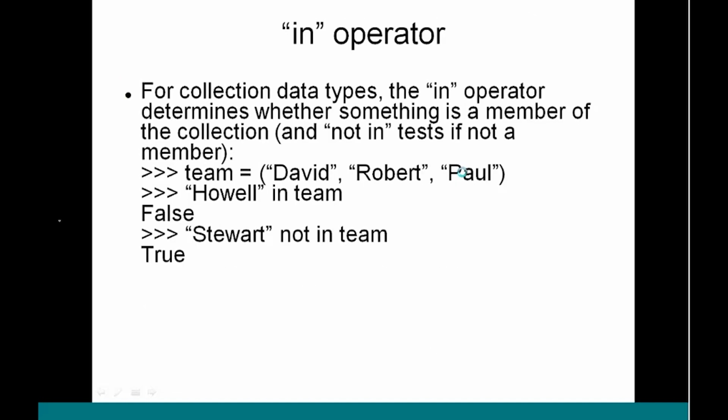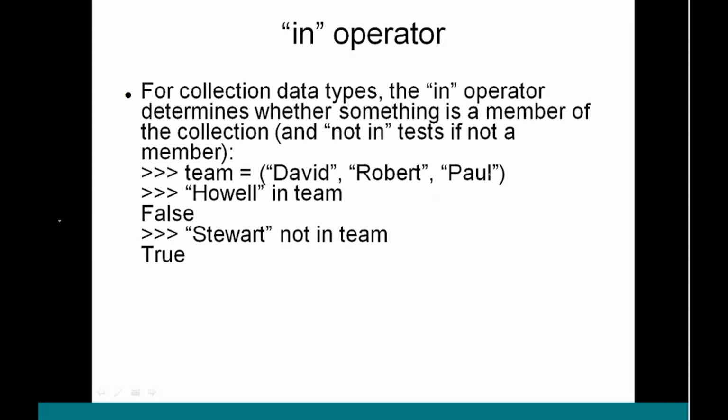Now we talk about the in operator. The in operator is for the collection data types again. The in operator determines whether something is a member of a collection or not. So this is what we use to check whether some value is part of the collection or not.